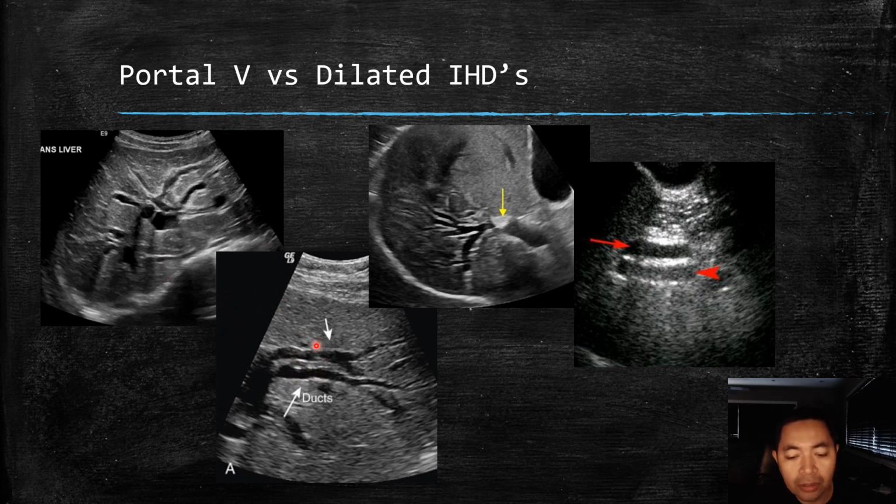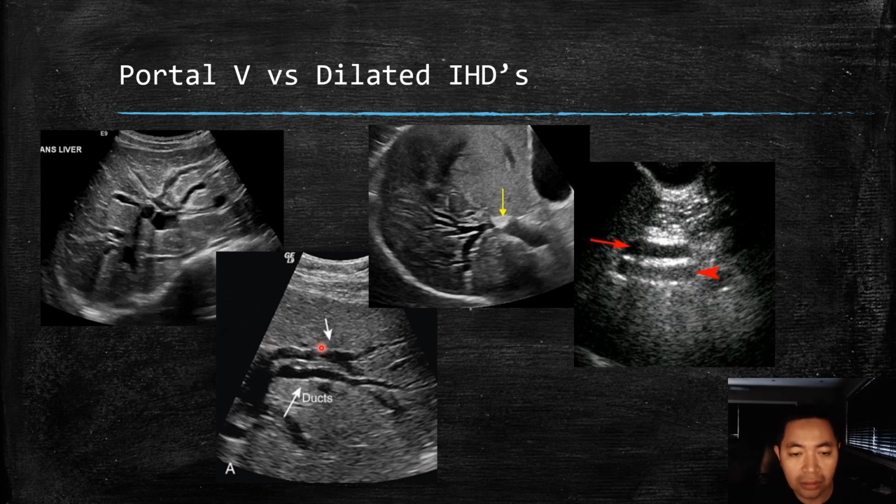Here are some examples of dilated intrahepatic ducts. Now, both portal veins and IHDs have echogenic walls, and they run side by side each other. But for the purpose of being able to determine the presence of intrahepatic ductal dilatation, if one sees echogenic tubular structures running side by side one another in the liver, this should alert you to the presence of dilated intrahepatic ducts.